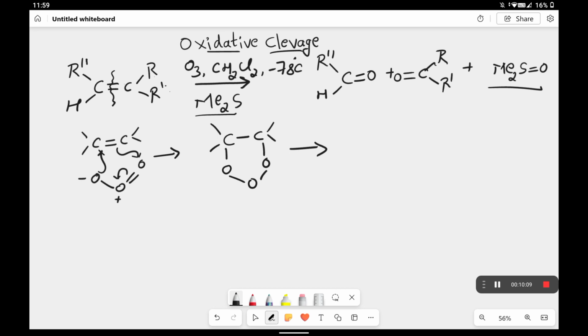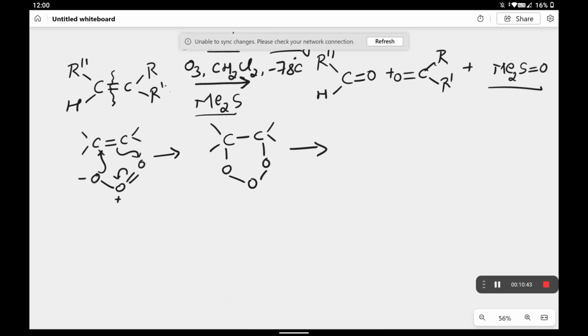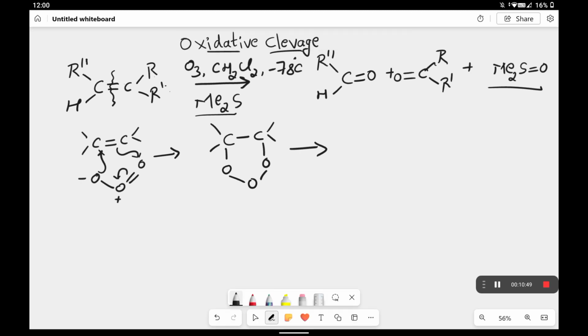Here I have written ozone as one of its resonating structures. The oxygen in the middle develops a partial positive charge in its dipolar form, and the other oxygen has the negative charge. The electron-rich alkene approaches the oxygen, this bond polarizes, and the third oxygen atom attacks the alkene, which leads to the formation of a cyclic intermediate called molozonide.